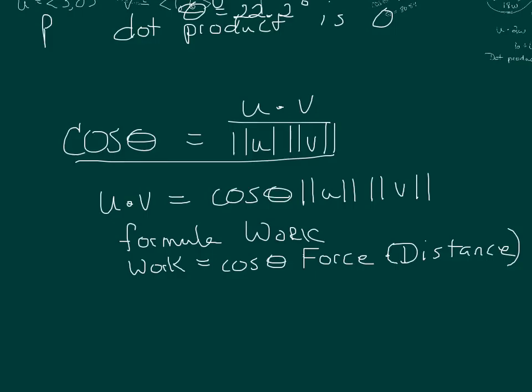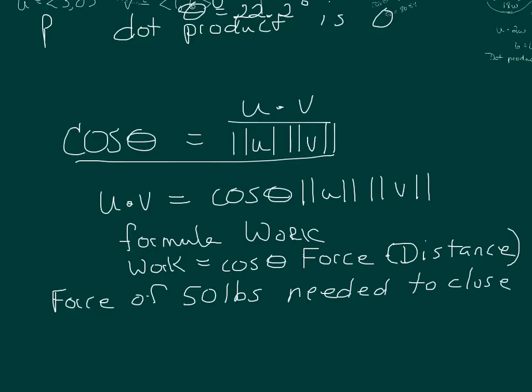All right, so let's look at this. We have a force of 50 pounds that is needed to close a barn door at a constant angle of 60 degrees.